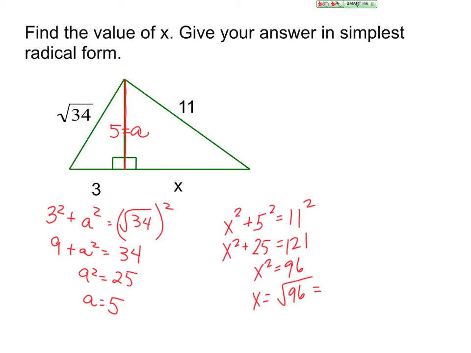Everybody good? 2 times 2. Get 4 like this? Is it 4 times the square root of 3 or 4 times the square root of 6? They were telling me 6. So is there another 2 in your factoring? Should be there. Yeah, it is. Okay, so 4 times the square root of 6 was what x is.